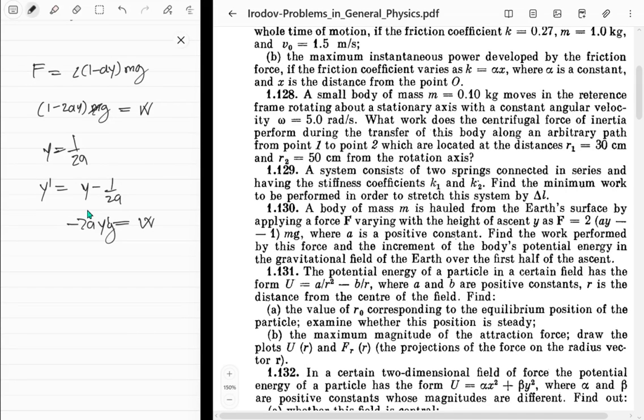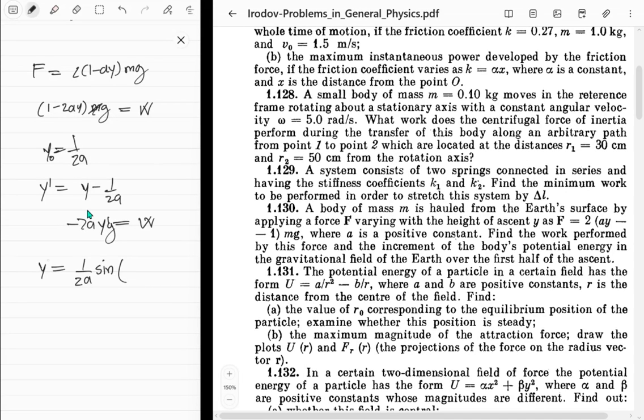That probably makes sense. So you can just say y is the y naught value, so 1 upon 2a, and then sine of, wow, this is complicated, negative pi upon 2 is there, right?